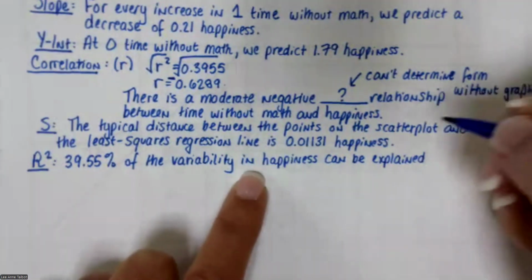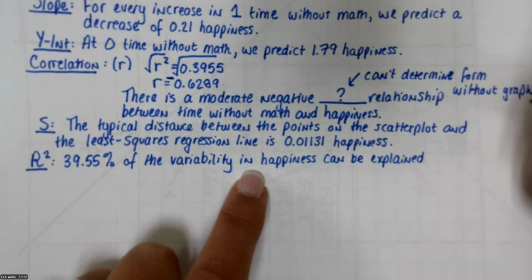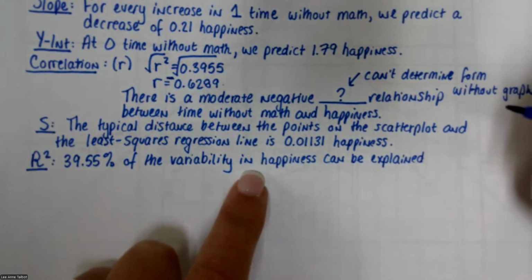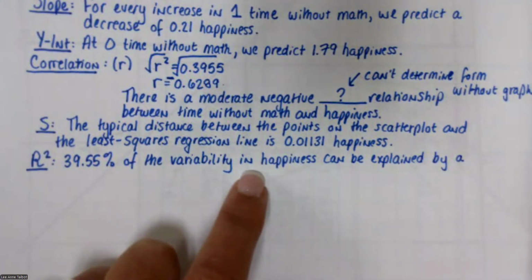I think this might be a contrived math problem, by the way. I don't know about 40% of the variability in happiness being explained by not having math. I feel like this might be a problem that the textbook made up. I don't know. I mean, yeah, I guess.